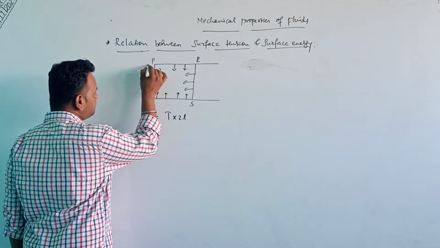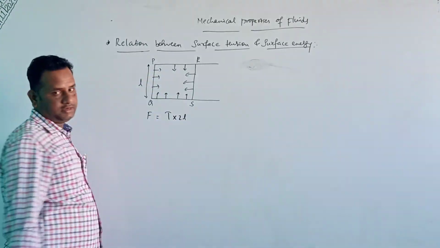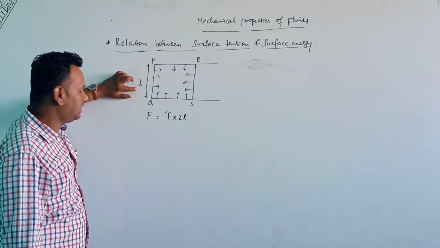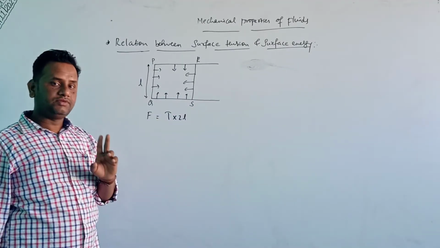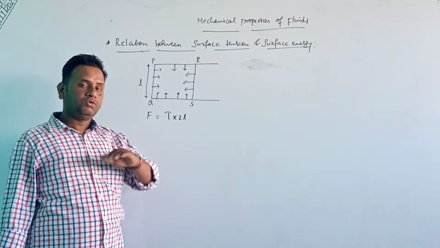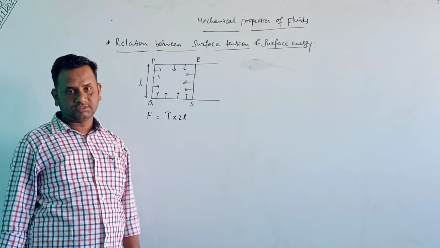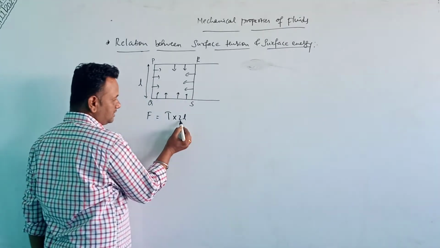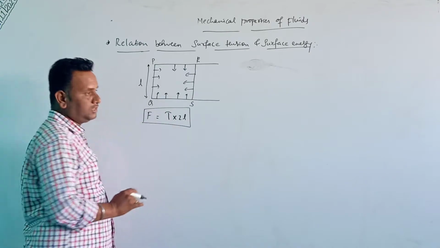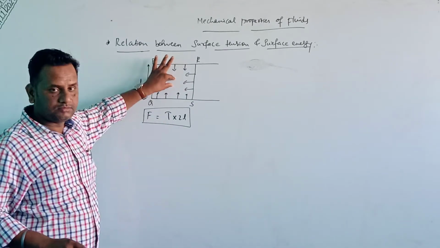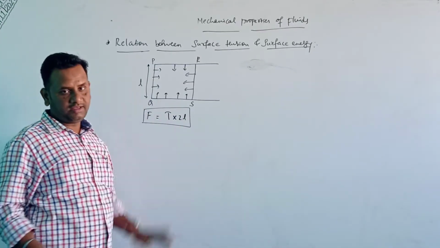Here L is the length of the side PQ. Why have I taken 2L? Because we have two surfaces, one inner surface and the other outer surface. So the force acting on the thin film is given by F equal to T into 2L.